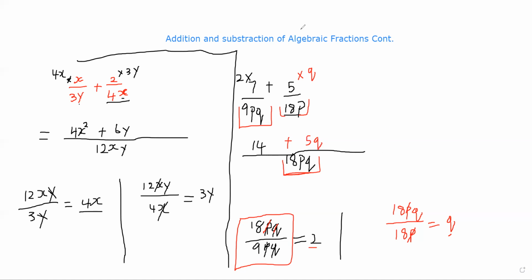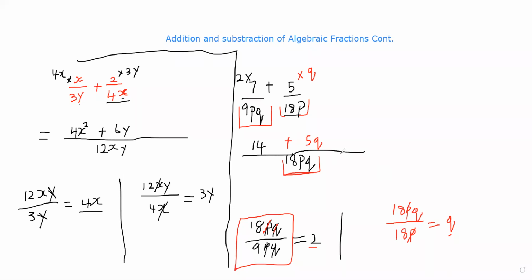So question. Can we add 14 plus 5Q? Anybody?